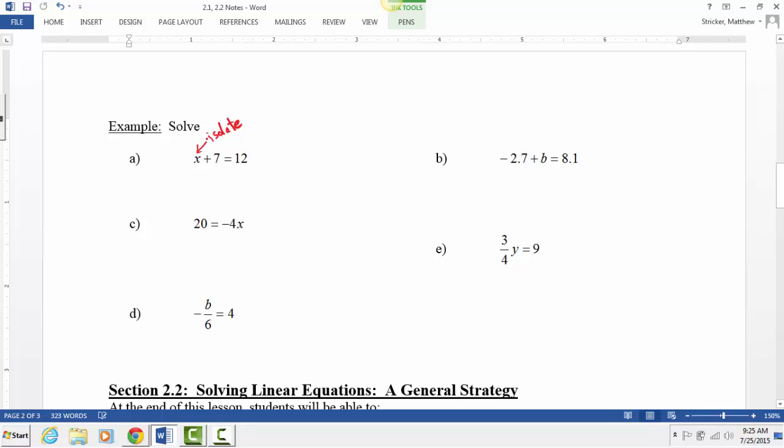So notice this is x plus 7. The inverse operation of adding 7 is subtracting 7. Okay? Plus 7 and minus 7 are inverse operations.